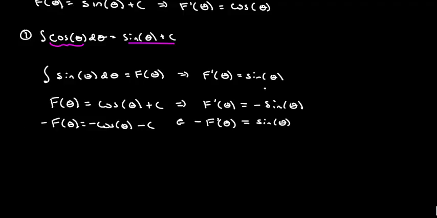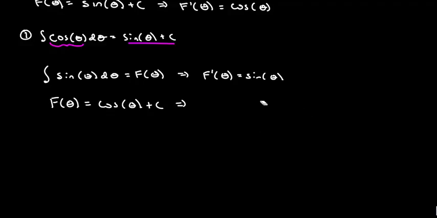So what we're going to do is let our large F, instead of being equal to cosine theta plus c, be equal to negative cosine theta plus c.